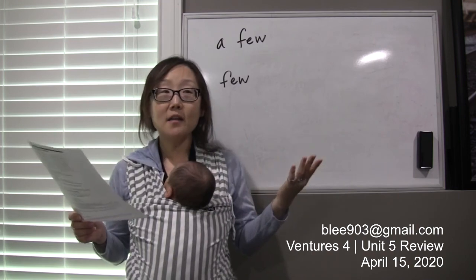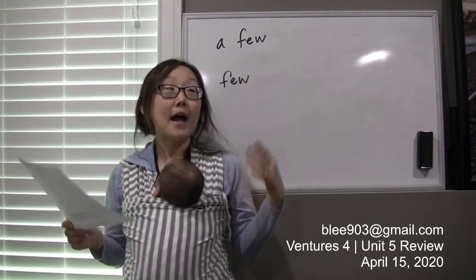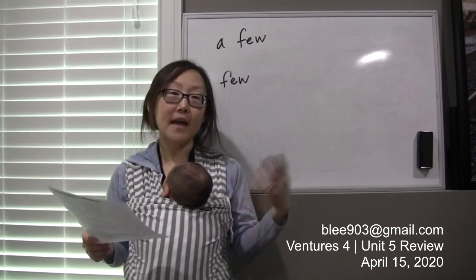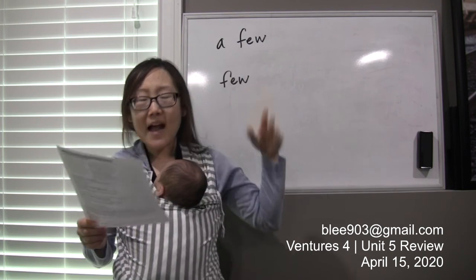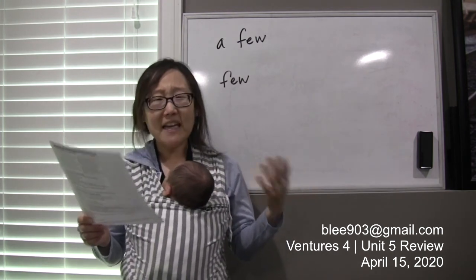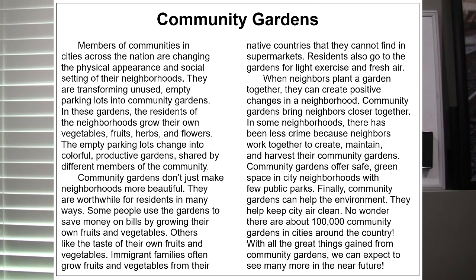So if we take it a little further, using the first example, we might say, I have a few face masks at home that I can give you. But for this one, we might say, I have few face masks, so I need them all. So if you look back at the story, you'll see in the middle of the last paragraph, community gardens offer safe green space in city neighborhoods with few public parks.